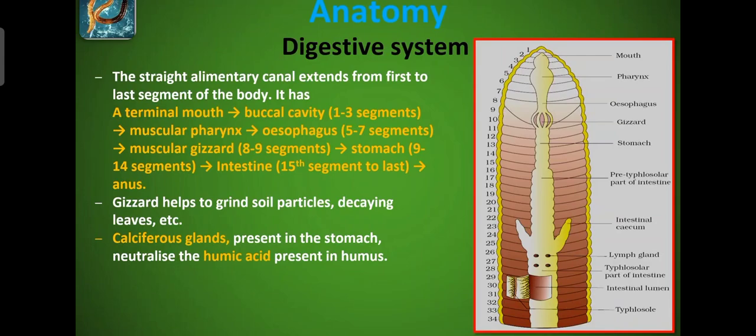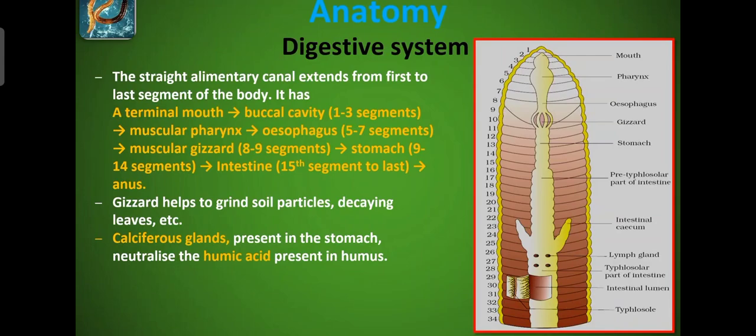Then the buccal cavity, that is the mouth cavity, which extends from the first to the third segment. After that, the muscular pharynx. In the diagram you can see the muscular pharynx. Then the esophagus, that extends from the 5th to the 7th segment. Then a muscular gizzard, a round structure, which extends from the 8th to the 9th segment.